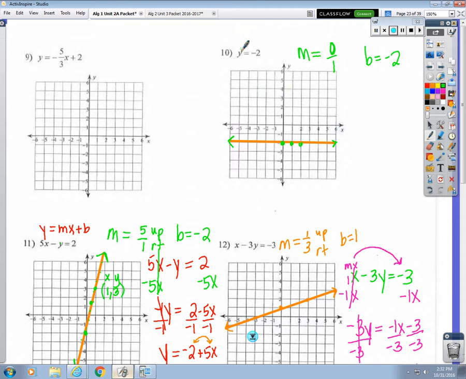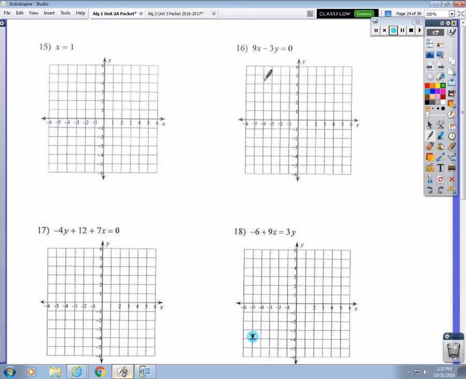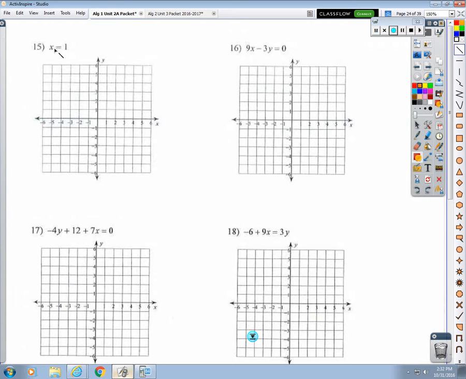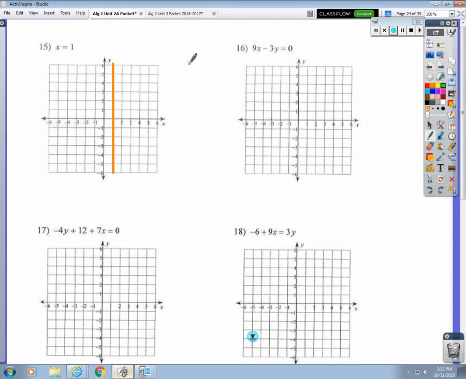So if y equals -2 is a horizontal line cutting across the y-axis at -2, what do you think x equals 1 is going to look like? A vertical line cutting through the x-axis at 1. Okay, give me a point anywhere on that line.